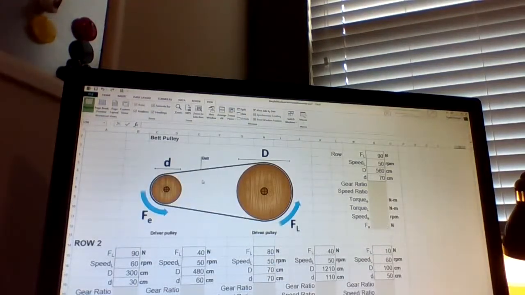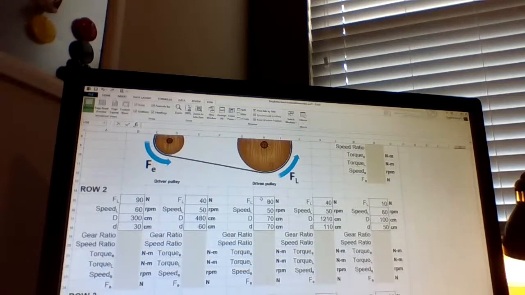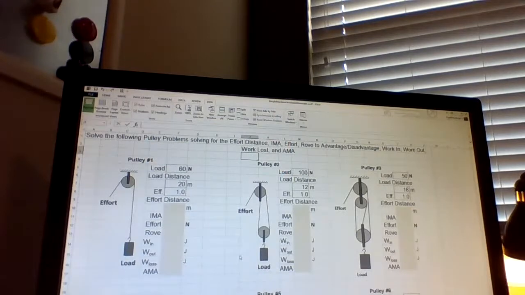And then for level 2 pulley problems, what you'll notice is that now we're talking about belt pulleys, where the difference in diameters of the various pulleys will give you different forces at the edge and different torques. So you'll see I'll be asking about the torque and the speed and the gear ratio, etc. Then we've got level 3 problems.